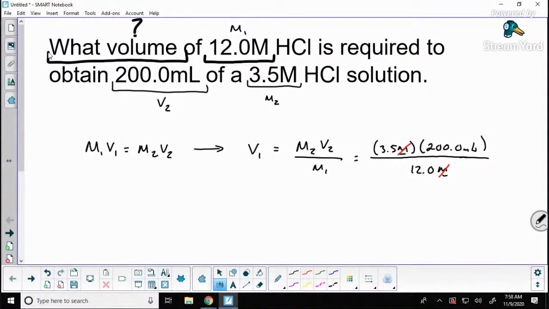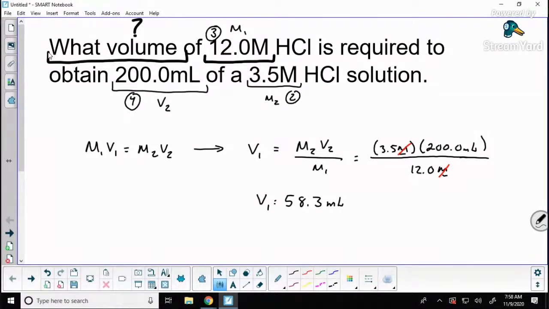So now that I've substituted in my values to the equation, plug it into the calculator, so 3.5 times 200, and then divide that by 12.0, and I get volume 1 is 58.3 milliliters. And if I'm looking at significant digits, my 12 molar has 3, my volume 2 has 4, and my secondary molarity only has 2 significant digits.